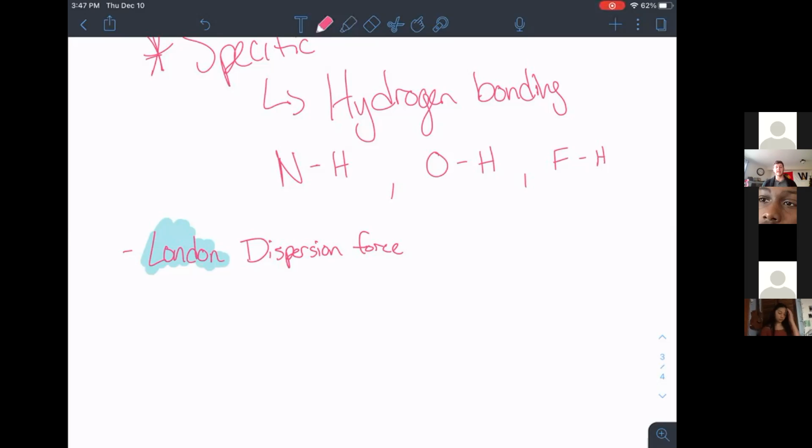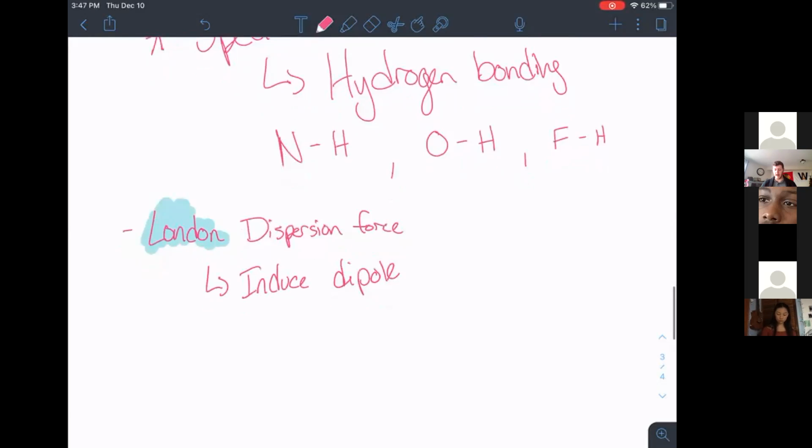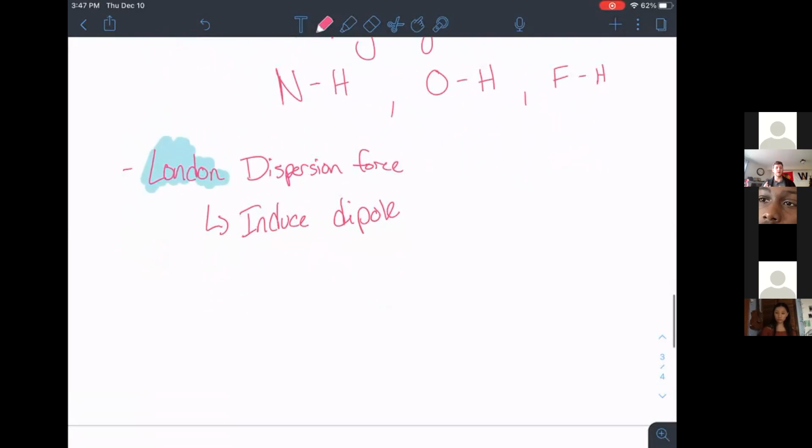And it just means that there is an induced dipole. And what induced dipole means is that even non-polar molecules, so any molecule, polar, non-polar, any of them, like if we look at hydrogen and hydrogen, we know that there's two valence electrons floating around in between those two to hold them together.